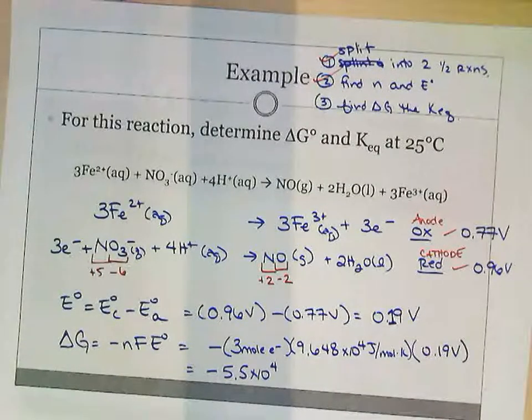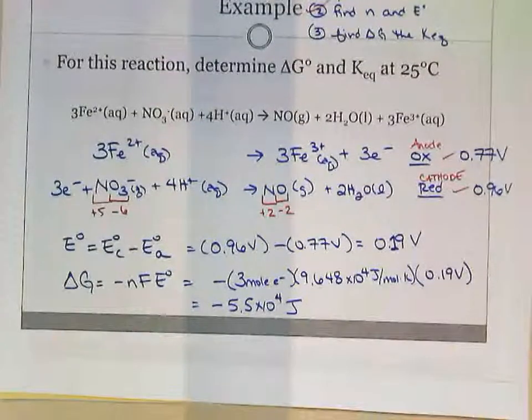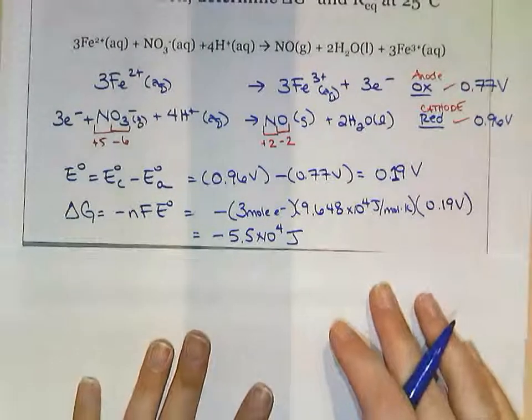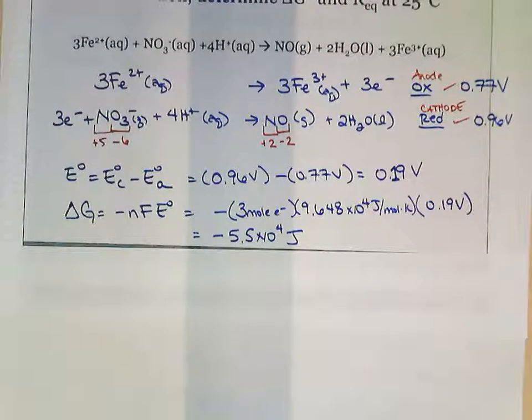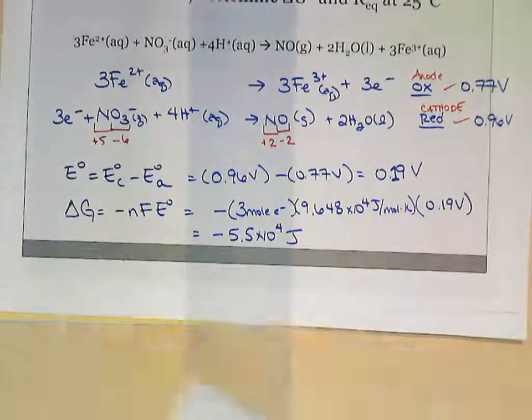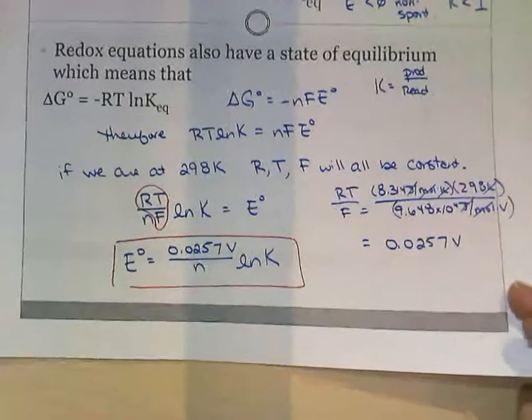Joules. It's a negative delta G, so is that spontaneous or non-spontaneous? Spontaneous. Good. Good so far. Everybody's lining up correctly. All right, so now we're ready to find Keq. We're going to use our equation that we just wrote, 0.0257 over N ln K.